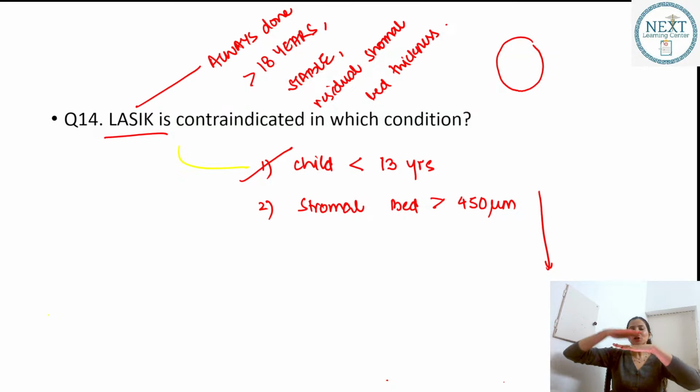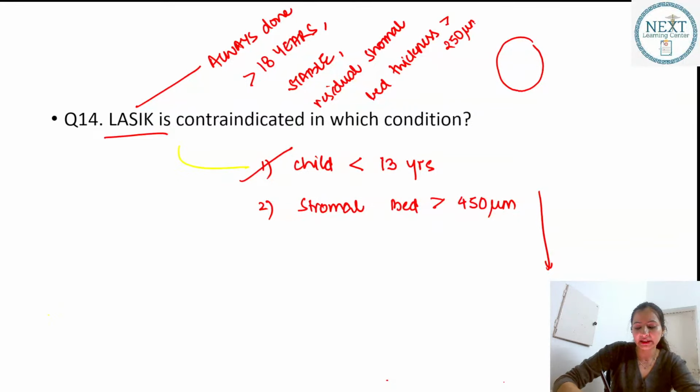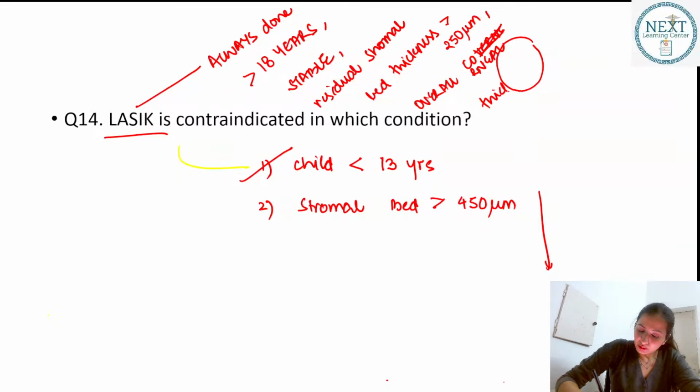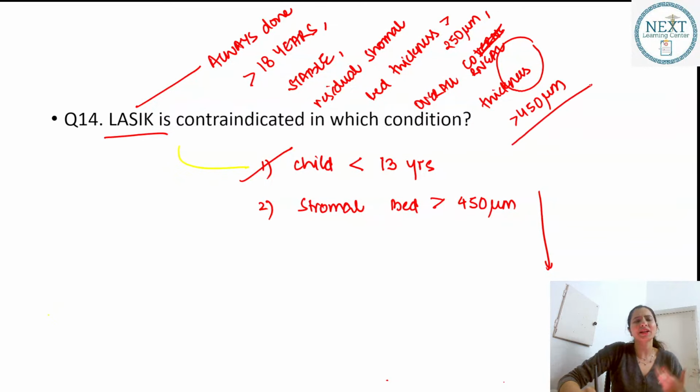So you have to see the residual stromal bed. This is the residual stromal bed. This thickness has to be more than 250 micrometers and the overall corneal thickness has to be more than 450 micrometers.